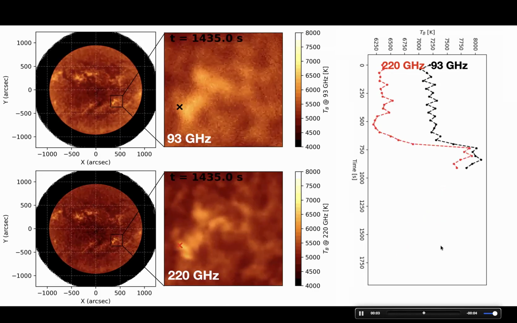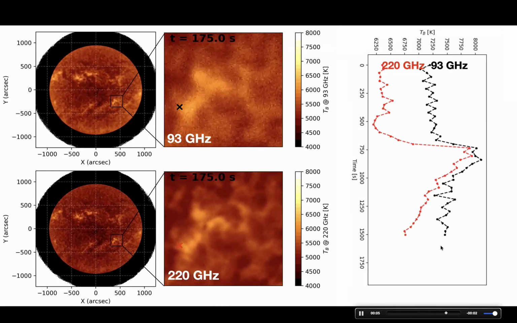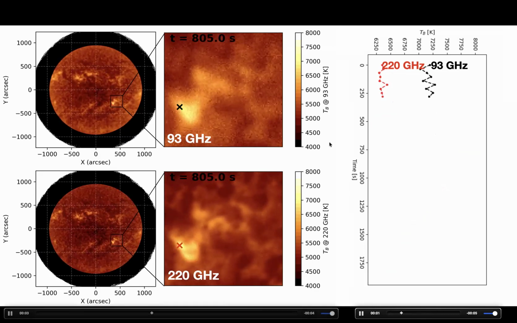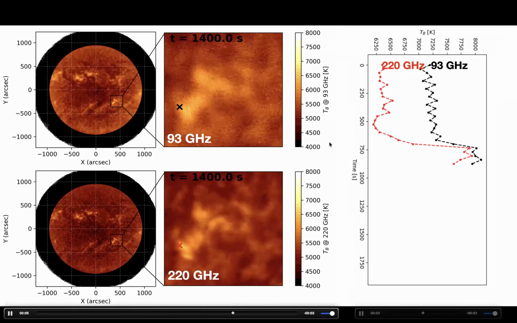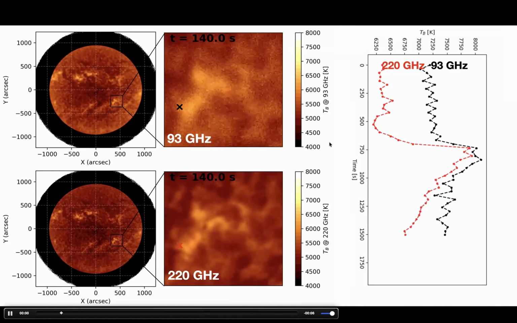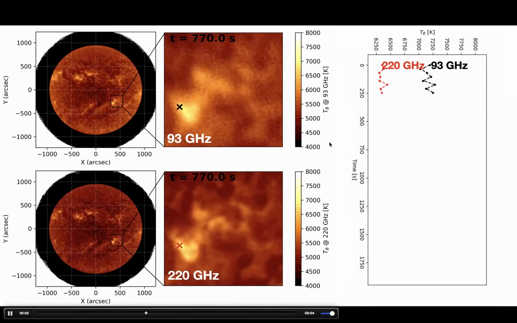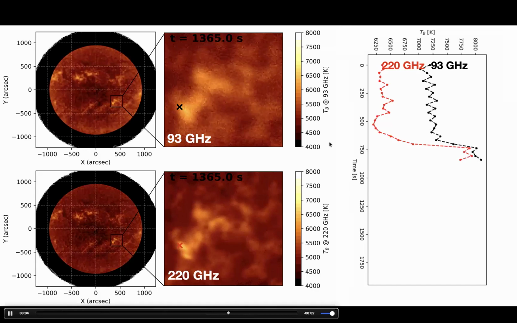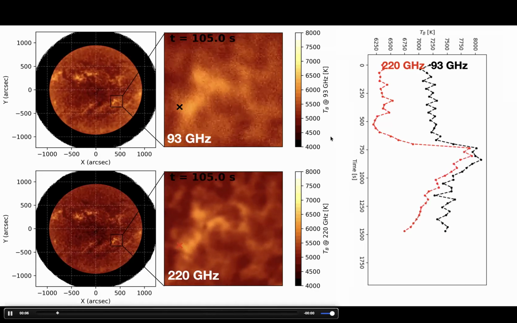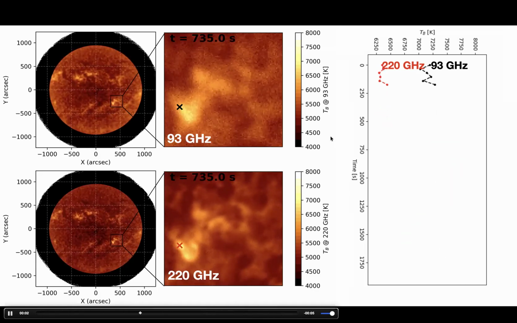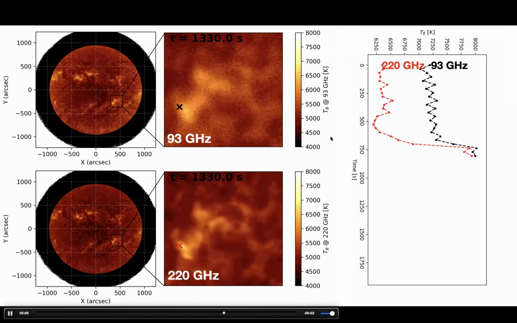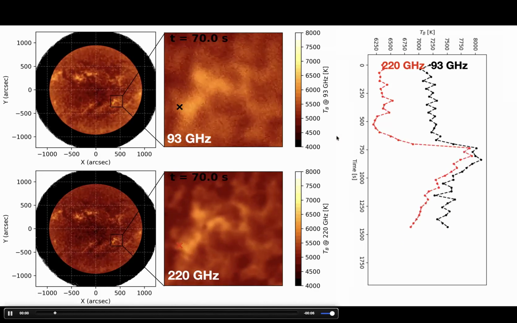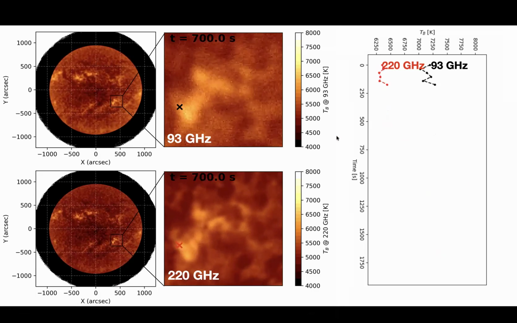So this is probably not what it would look like in true millimeter data, but just an example of what kind of data AtLAST could produce. This is not something any current millimeter facility could do, and this would really be transformative for the solar and the solar millimeter community especially.